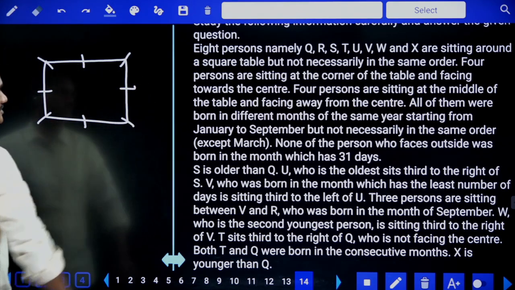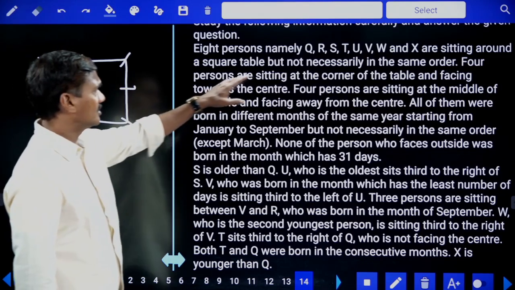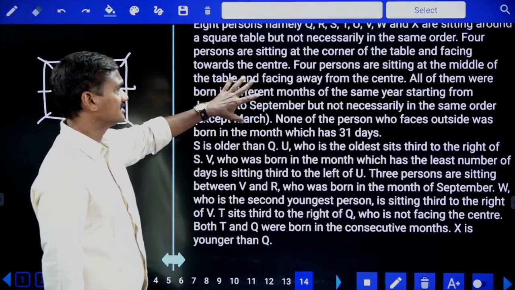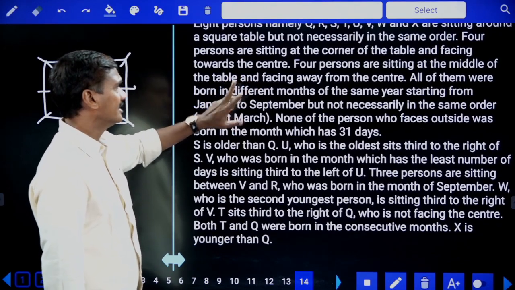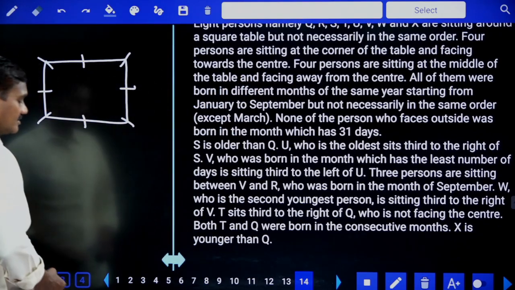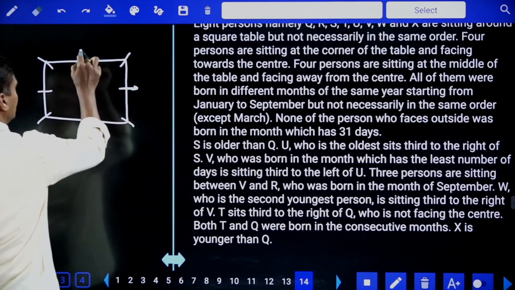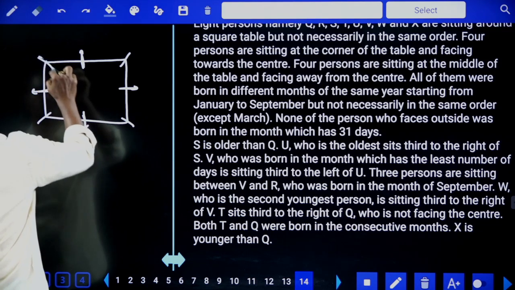Then coming to the first information here: Q R S T U V W X, 4 persons are sitting at the middle of the sides and facing away. The persons who are sitting at the middle of the sides are facing away from the center, and the corners are facing towards the center.